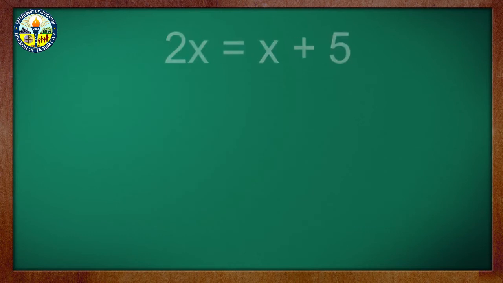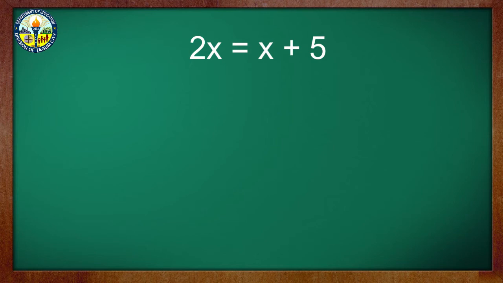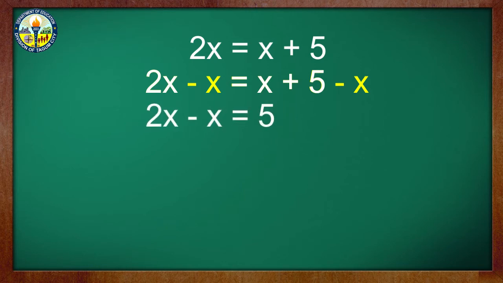We have 2x equals x plus 5. To solve the value of x, subtract both sides of the equation by x. We have 2x minus x equals x plus 5 minus x. Then, x is equal to 5.